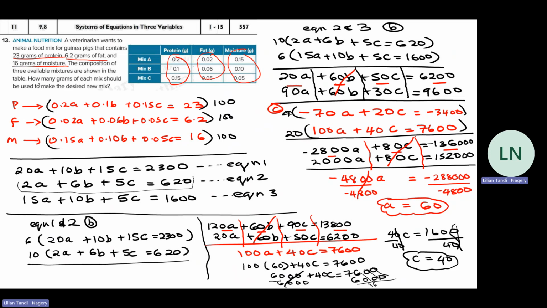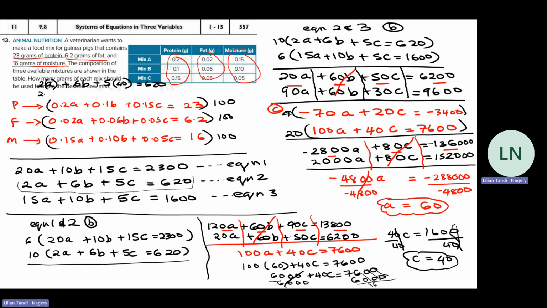So we'll have 2a. I know a. So 2a plus 6b. I don't know b. Plus 5c, c is 40, equals 620.